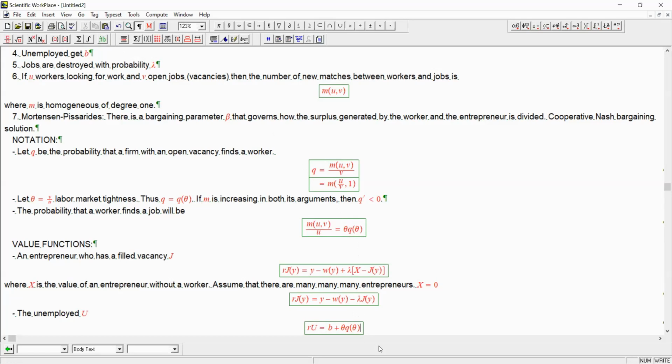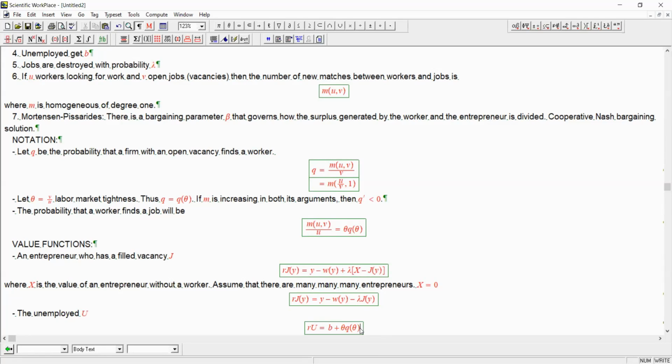If they find a job, what happens? Well, they will get the maximum of taking the job or not taking the job.